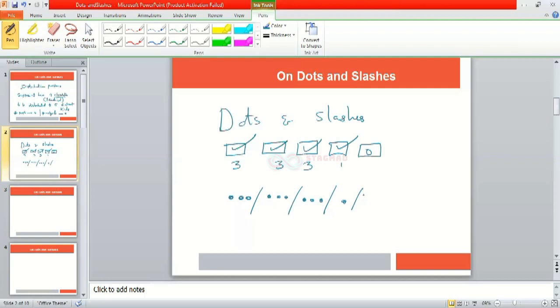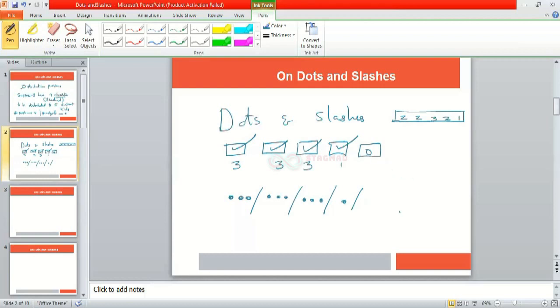So, for example, let's take another distribution. Let's say it could be 2, 2, 3, 2, and 1. So this is another.